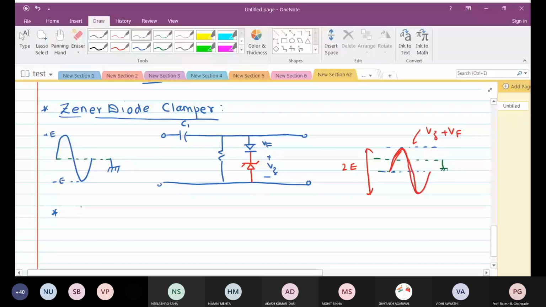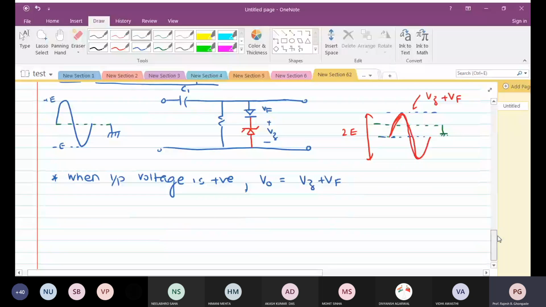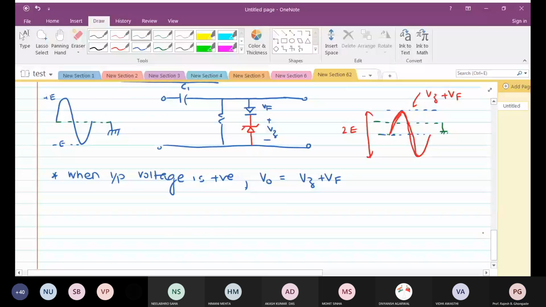When input voltage is positive, what will be the output voltage? Output voltage is Vz plus Vf. Why should it be Vz plus Vf?